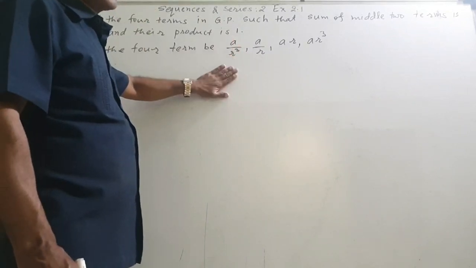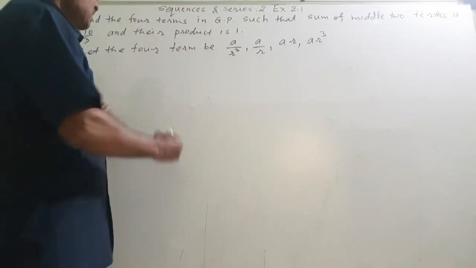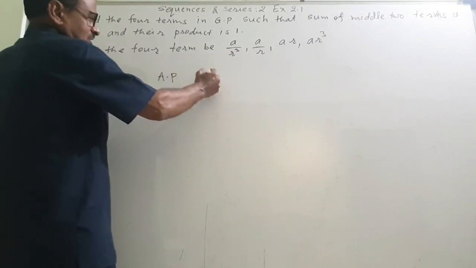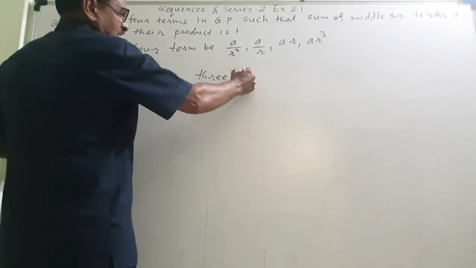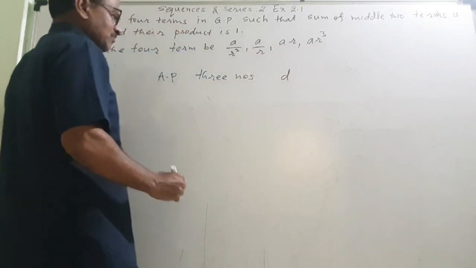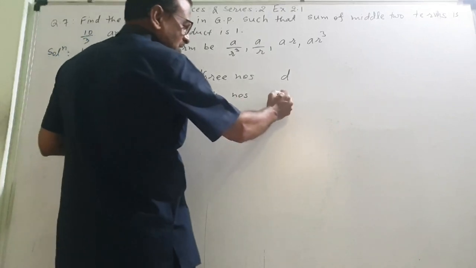When odd numbers are there, the ratio is r. Suppose in AP, 3 numbers, the difference we were taking D. In AP, 4 numbers, difference was 2D.